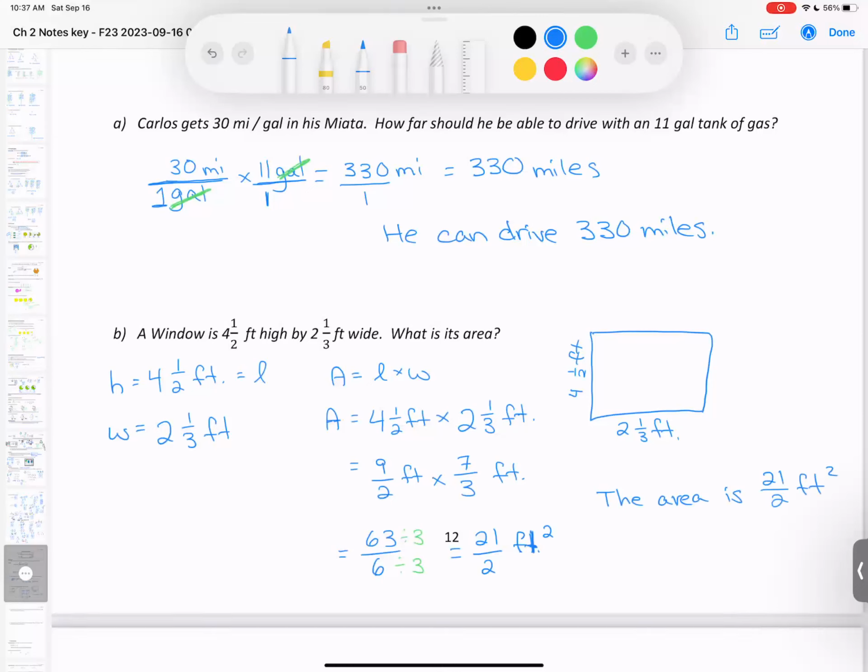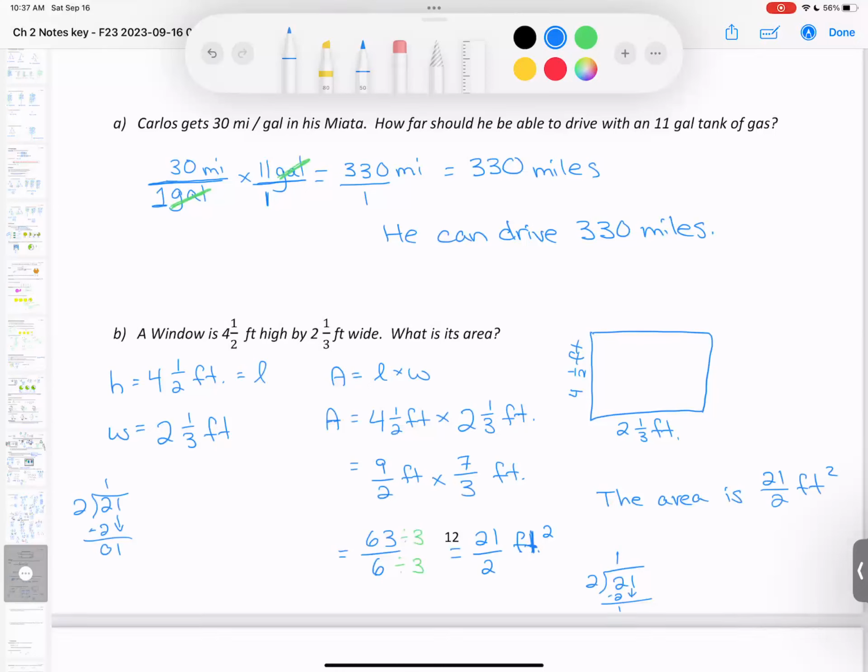Now, what if we wanted to make that into a whole number? Well, we have 21 divided by 2. Okay, that'll go 1 time for an even 2. And then we've got 11. I should have given myself more room. Let's do it over here. 21 divided by 2, I get a 1.